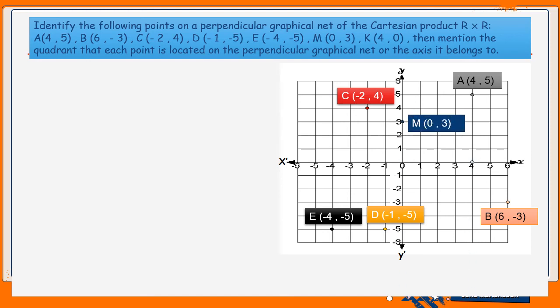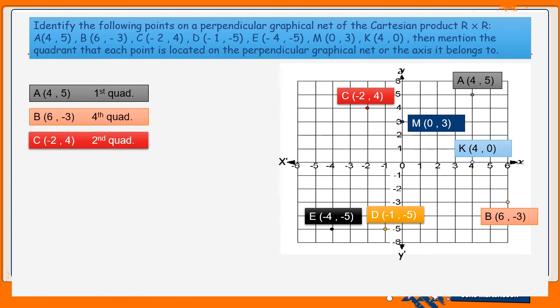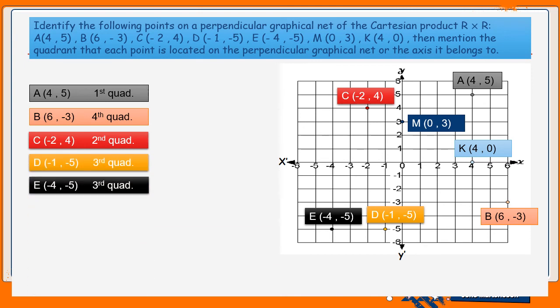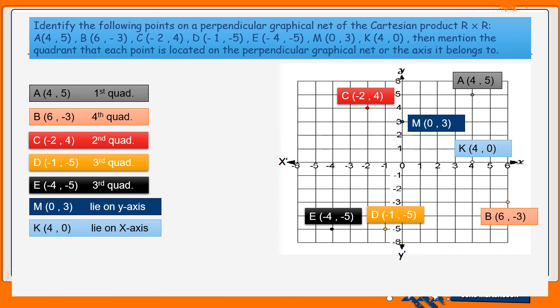K (4, 0) is located on the x-axis. Point A is located in the first quadrant, B in the fourth, C in the second, D in the third, E in the third. M lies on the y-axis and K lies on the x-axis.